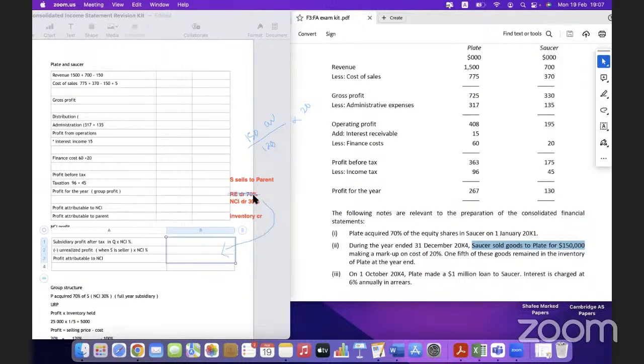So retained earnings debit by 70%, we don't do that because retained earnings is in the SOFP. NCI debit by 30%, we will be doing inside the NCI profit part. Inventory becomes credit, and we go and add it to the cost of sales. This is how the double entries work when the subsidiary is the seller. Right. Now, guys, check a little bit and say, are you comfortable with this part for the URP?